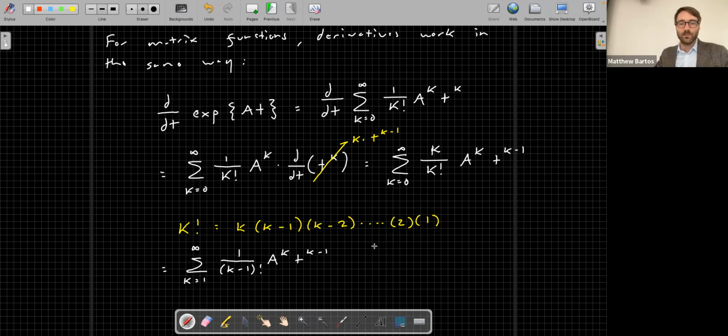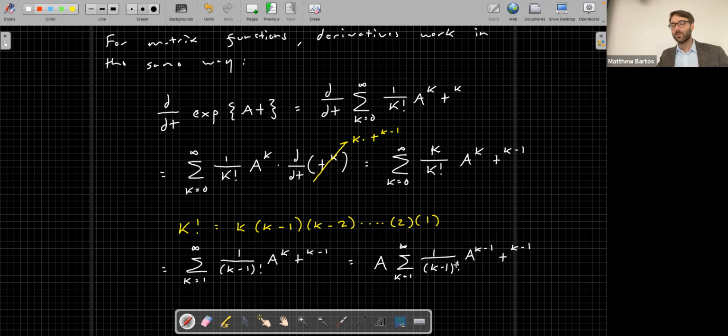All right, so now note that A doesn't depend on the index of our sum, so we can move A out to the front. So we can take A out. We have A times the sum from k equals 1 to infinity of 1 over k minus 1 factorial times A to the k minus 1 times t to the k minus 1. All right.